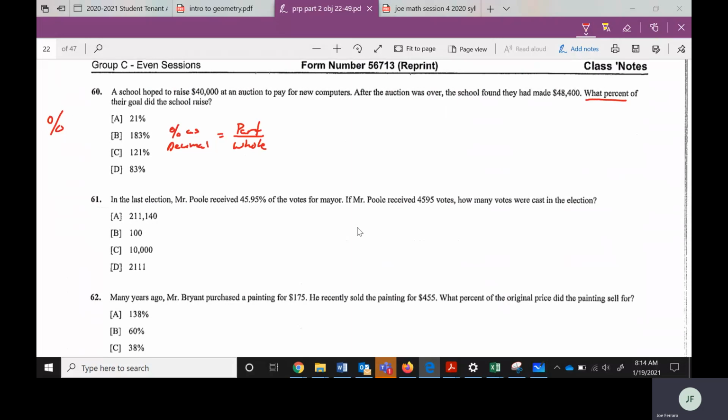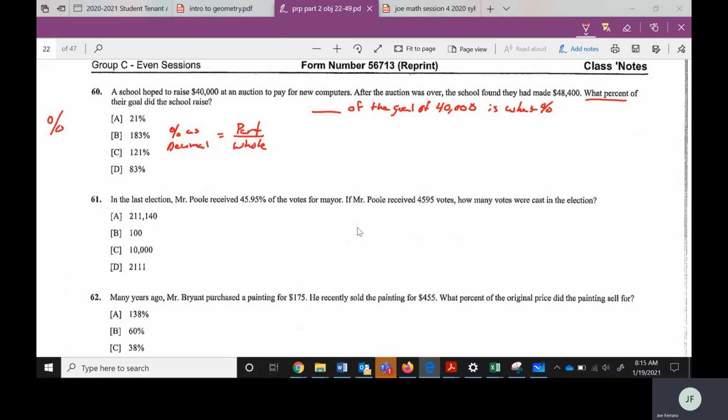So now we have to just make sure here. Now, the goal is 40,000. So when everything is done with the auction, you would say, I made whatever money of the goal of 40,000, and then say is what percent.